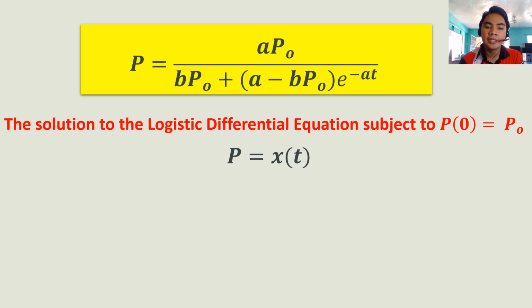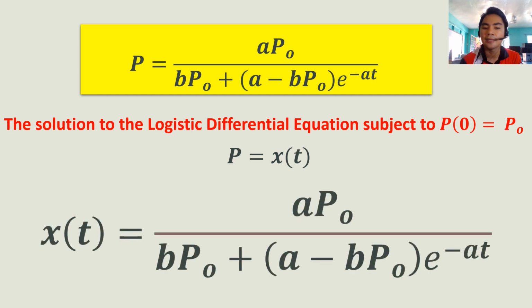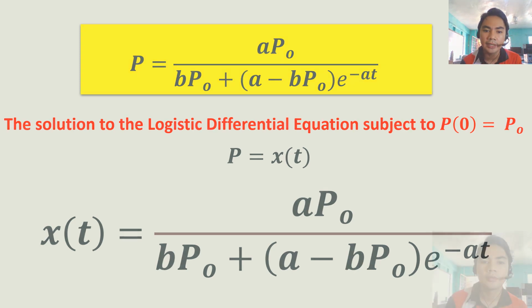Now in here, the P value is equal to x of t, as mentioned earlier. So in this case, we just substitute. We have x of t is equal to A P sub 0 all over B P sub 0 plus quantity of A minus B P sub 0 times e raised to negative at. Now, we substitute the previous values.